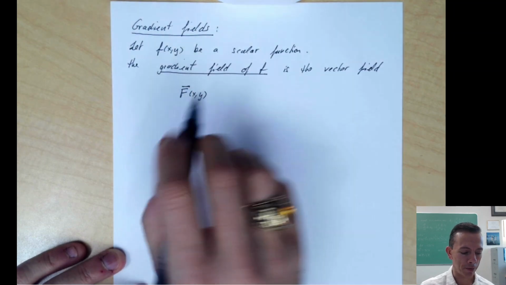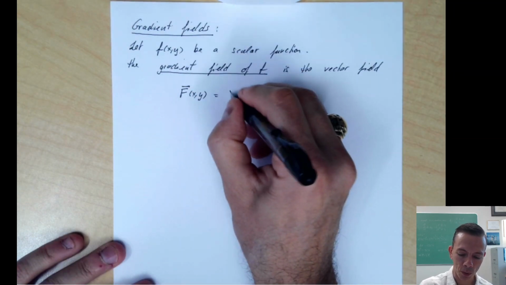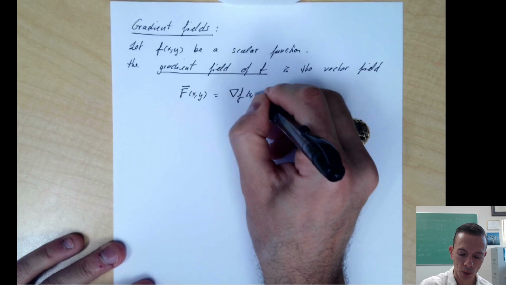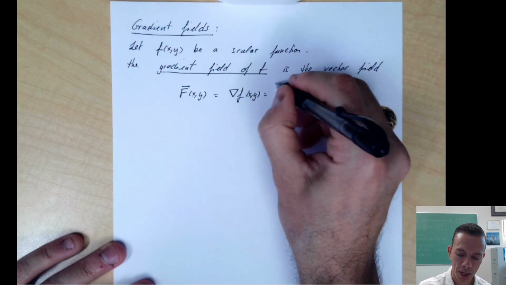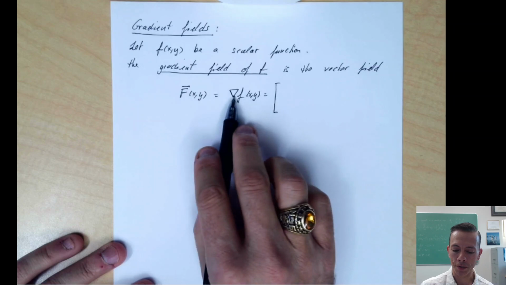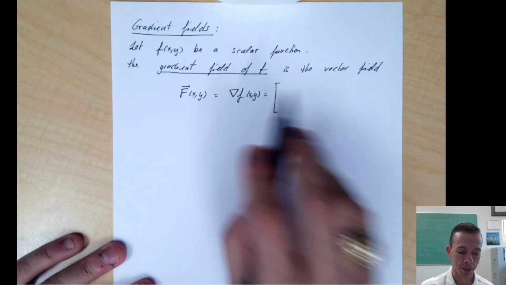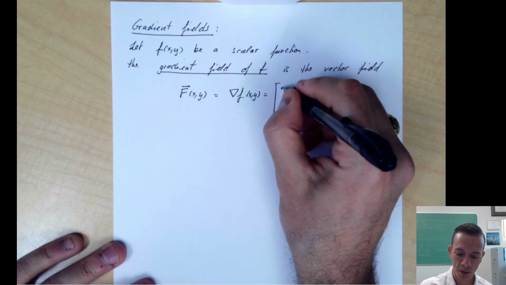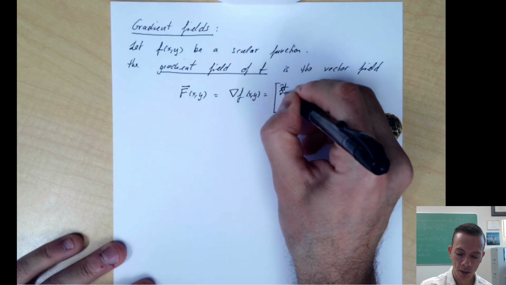So capital F of x, y equals the gradient of f at x, y, and the gradient of f is a vector whose components are the partial derivatives of f with respect to x and y.